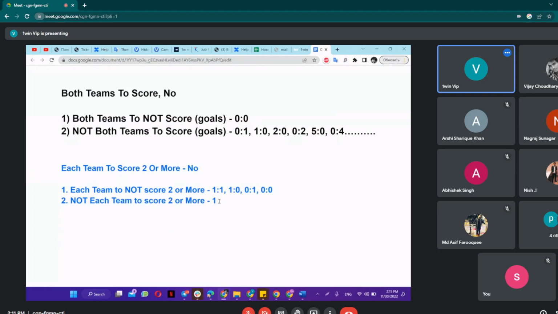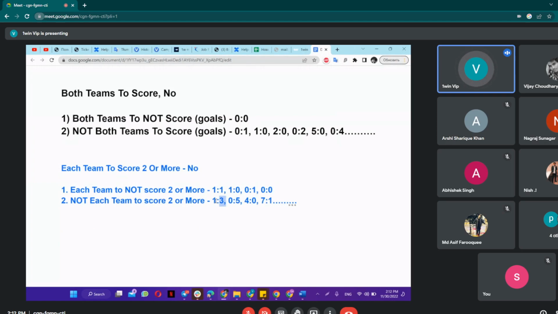So 1-3, 0-5, 4-0, 7-1, and any other combination. One of the teams could have any amount of goals, more than 2.